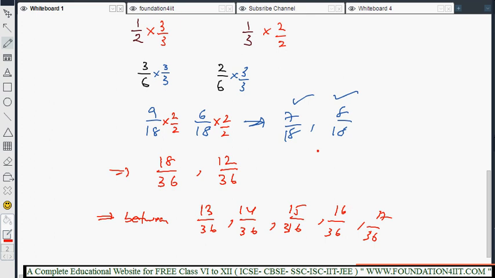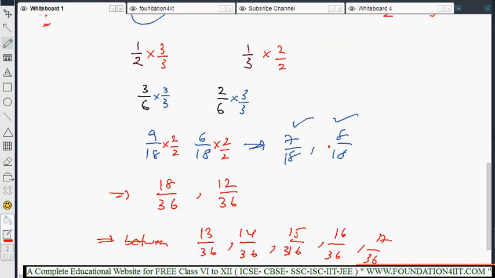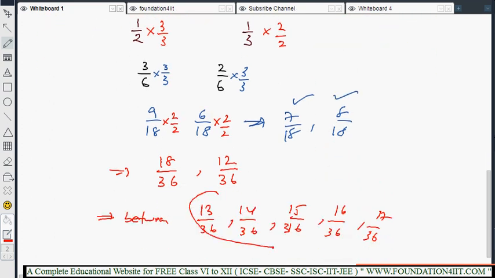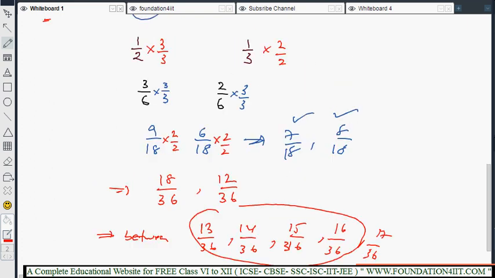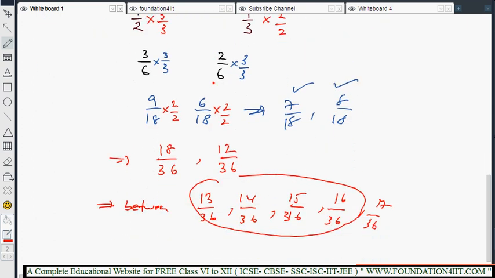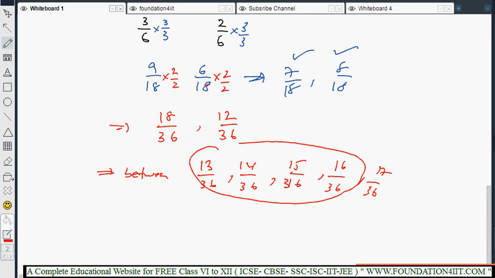That's more than 4 rational numbers, so we can take 4 between the two given, between 1 by 2 and 1 by 3. You just need to extend this. However many numbers you need, that many we can make. So this is finding a large number of rational numbers between two given rational numbers.